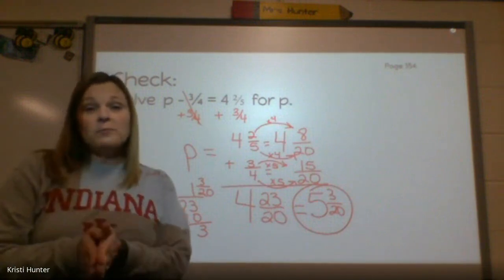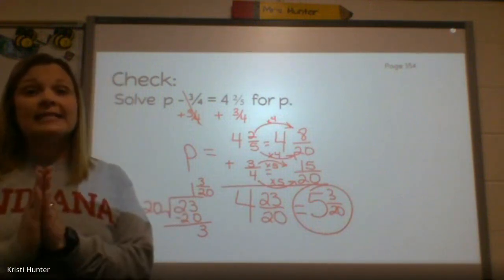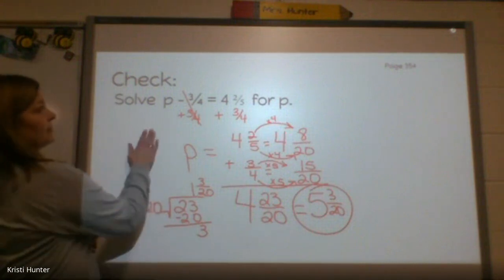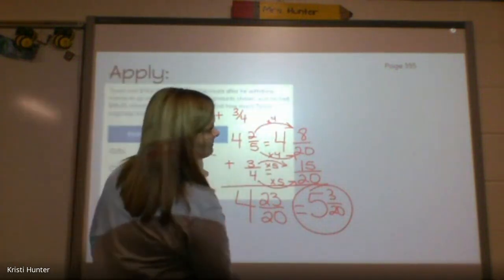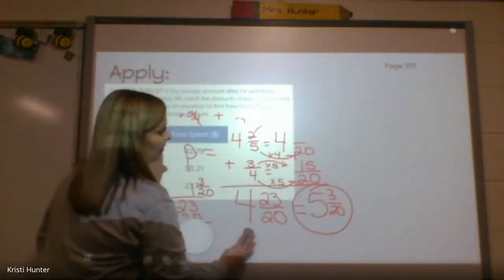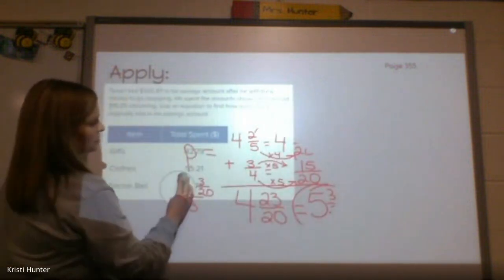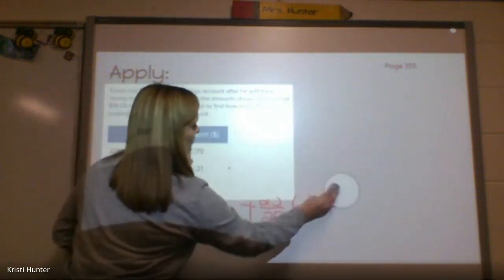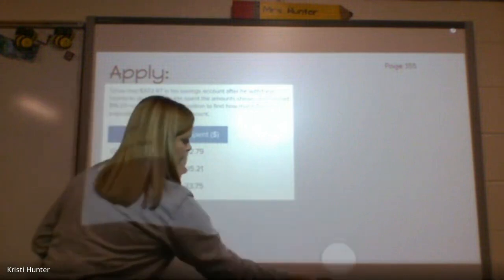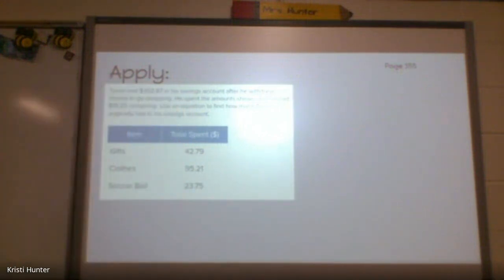All right, so we have one more thing to take care of, and that's the apply that you're going to find on the neighbor page. So let's find page 355 and look at the apply question here. My apply question says this: Tyson had $302.87 in his savings account after he withdrew money to go shopping.